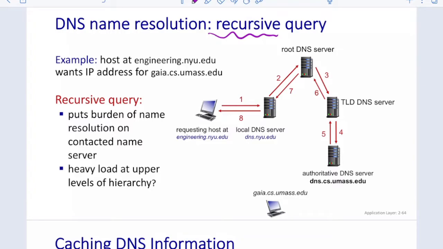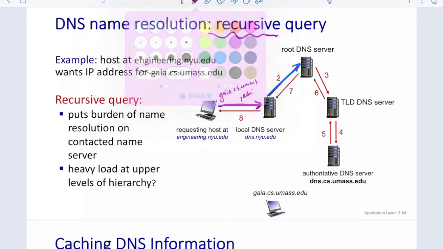Basically, just read those lines. You ask the local DNS server what is gaia.cs.umass.edu, and then the server will ask the root server, would you please help me resolve this IP address?